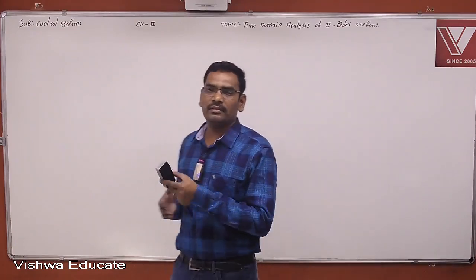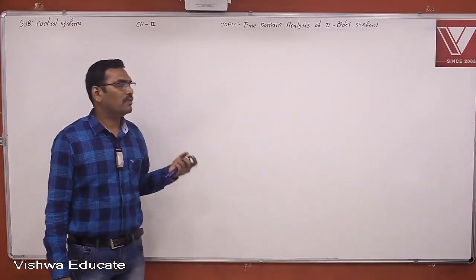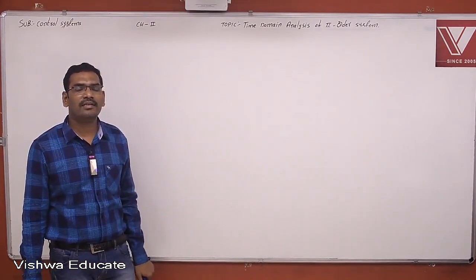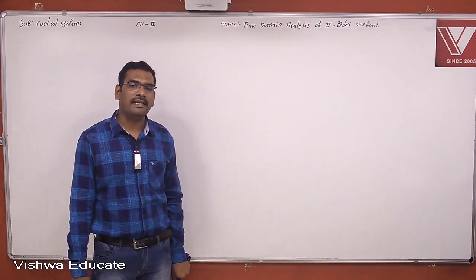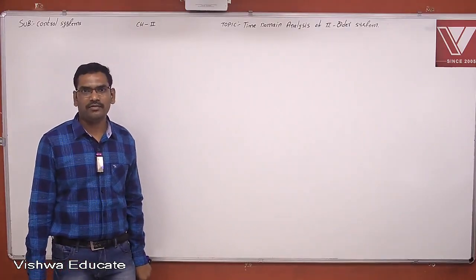Okay. Now students, you just saw the time domain analysis of the second order system, including transient state analysis as well as steady state analysis and all the time domain specifications. Okay.